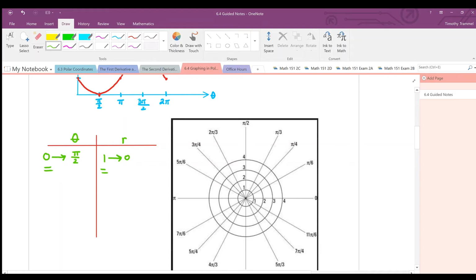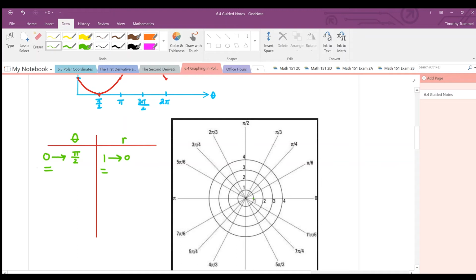So if theta is 0, we're on the positive x-axis, and if r equals 1, we should be on the circle of radius 1 here. You can see that little dot there. I might even try to make that dot a little bit smaller, just because we're going to be trying to sketch this really neatly in a minute.